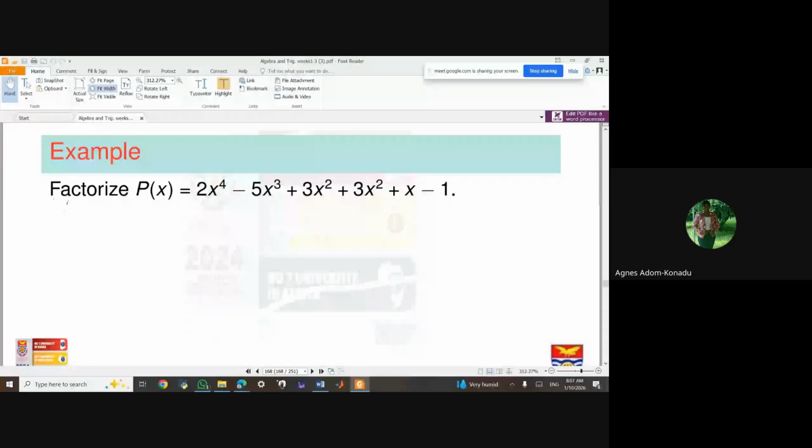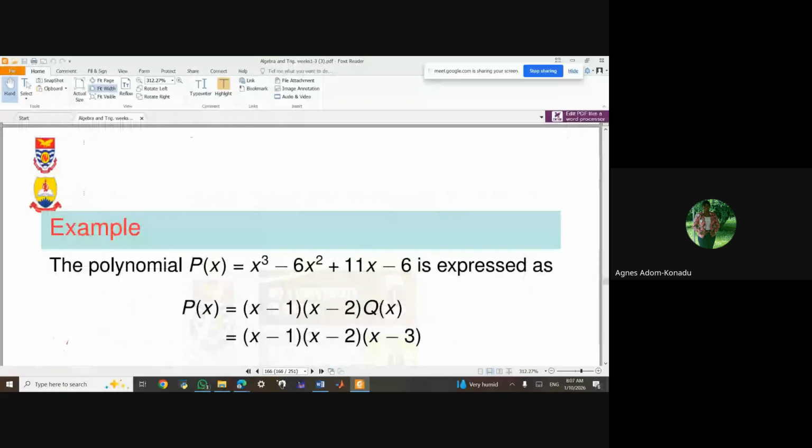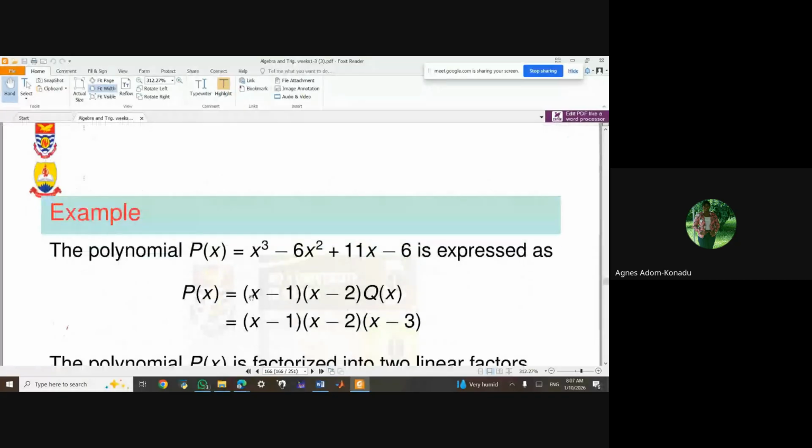Edu. I think that you didn't allow me to land because I was even showing you example of multiplicity. So I was saying that these are factors and the powers here are 1, 1, 1. So this is x minus 1, it has multiplicity 1. This has multiplicity 1. This has multiplicity 1.